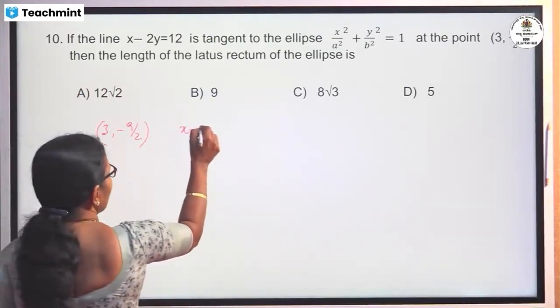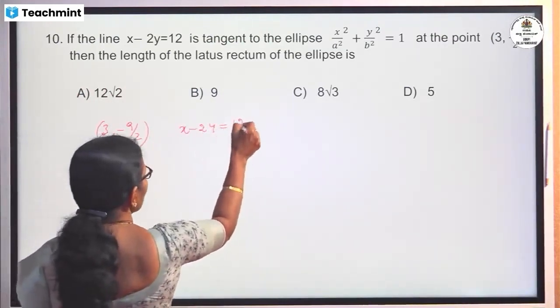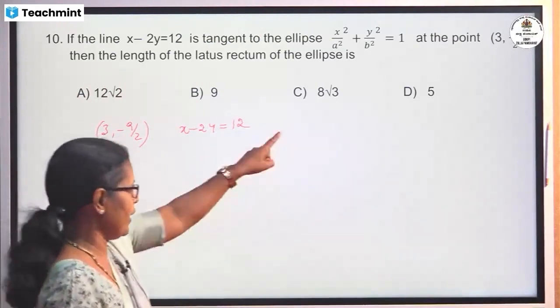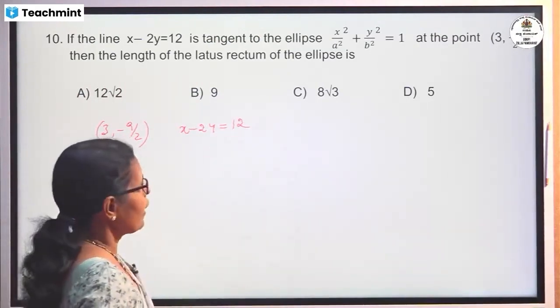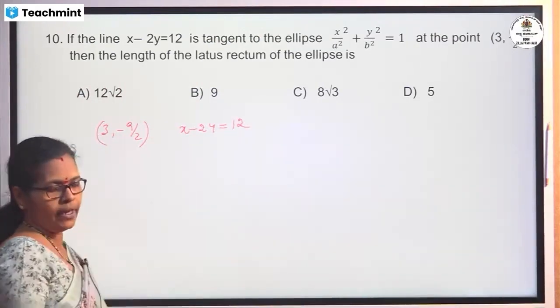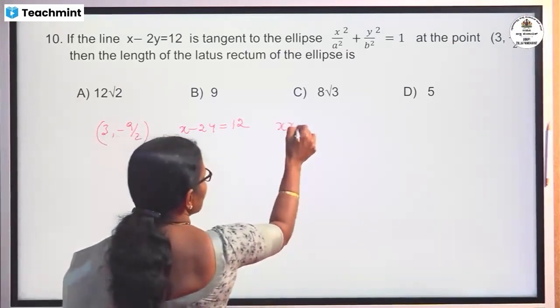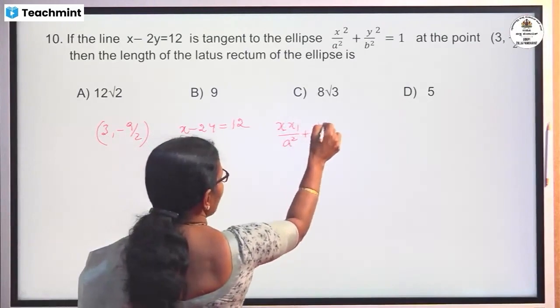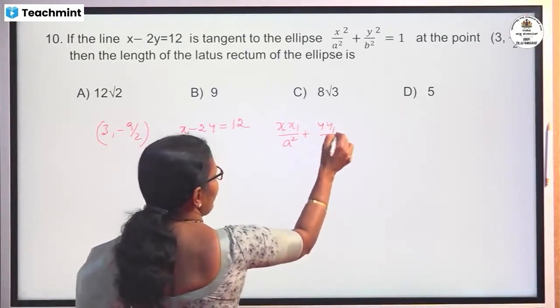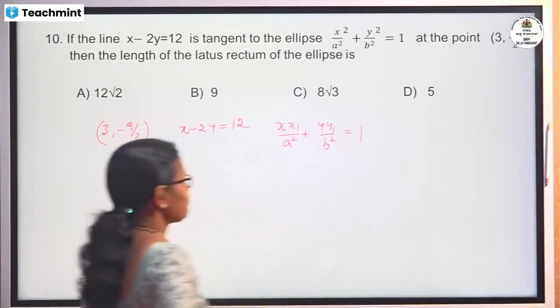If this line is tangent to the ellipse, then we know the formula for the tangent of the ellipse: x x1 by a square plus y y1 by b square is equal to 1.